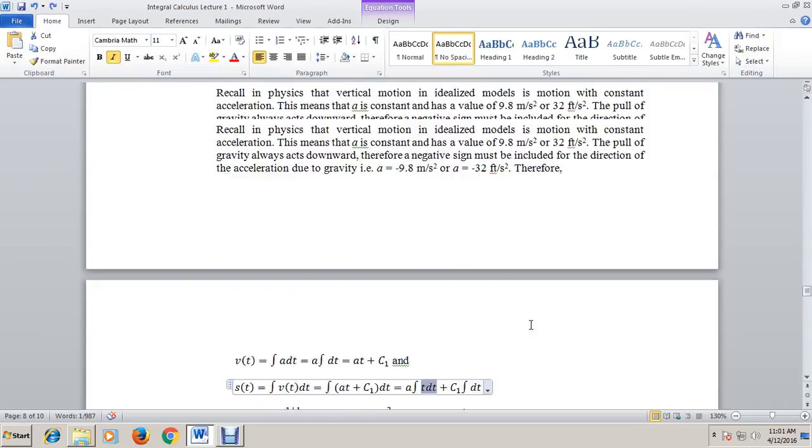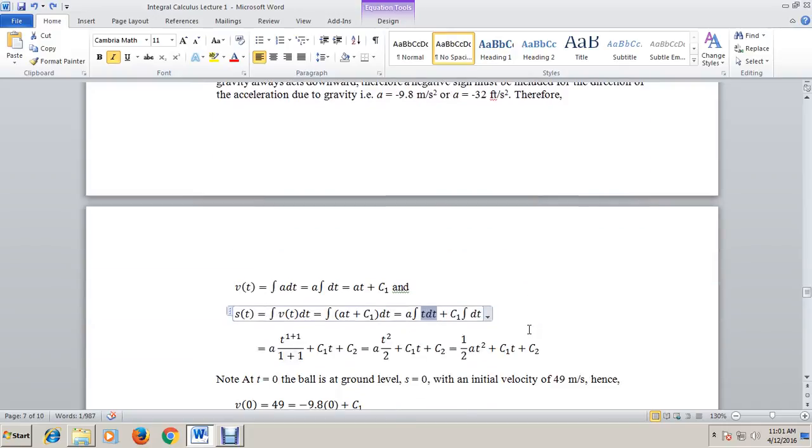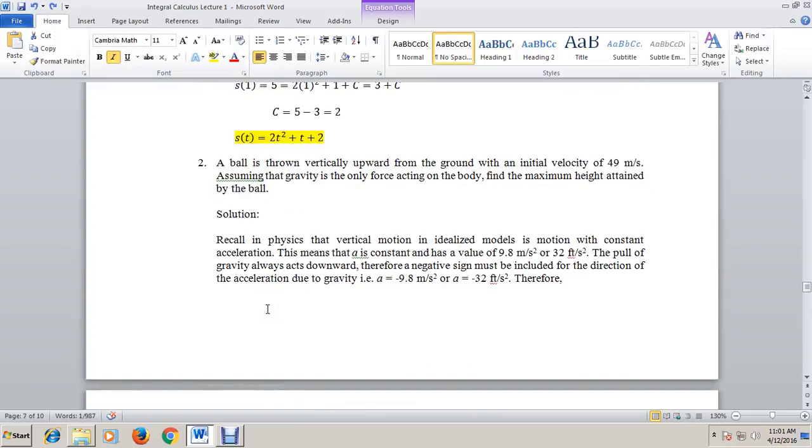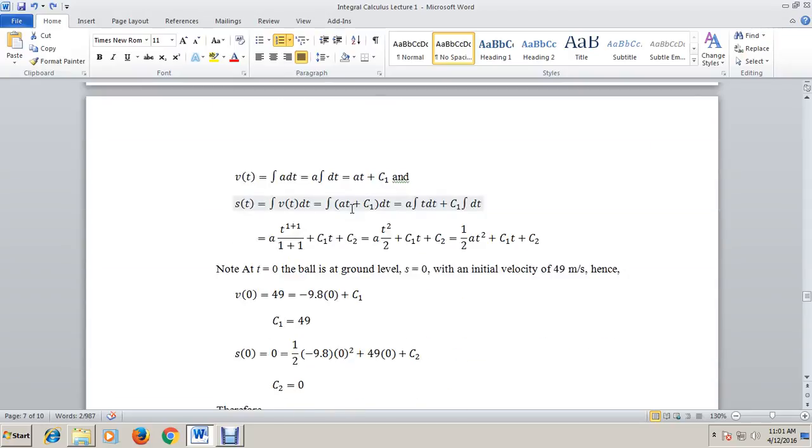Now, take note in the given problem that at time t sub 0, meaning at the very beginning, the initial condition for the ball thrown upward is that you are given an initial velocity of 49 meters per second at the starting point of the movement of the ball.